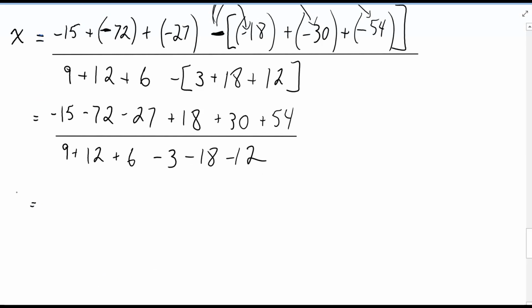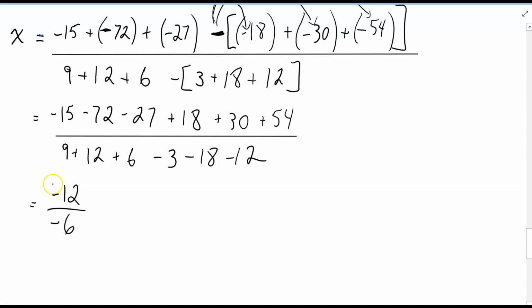Minus 15, subtract 72, subtract 27, plus 18, plus 30, plus 54 equals minus 12, over the denominator 9 plus 12 plus 6, subtract 3, subtract 18, subtract 12 is minus 6.